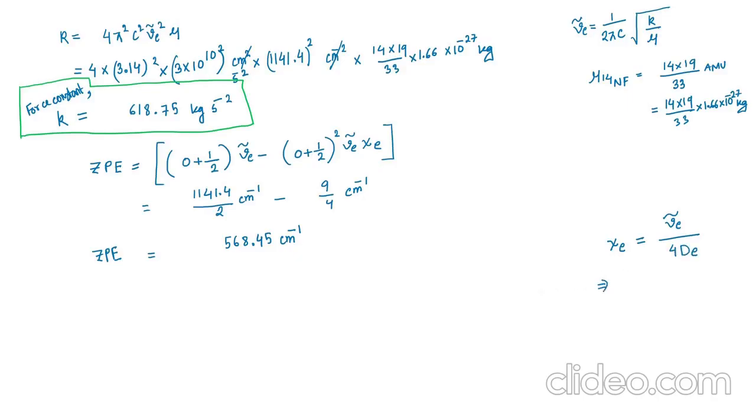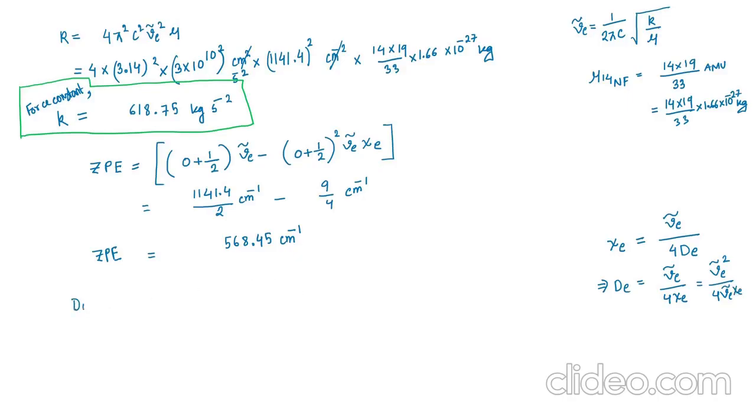So your DE is omega e squared by 4 omega e xe.